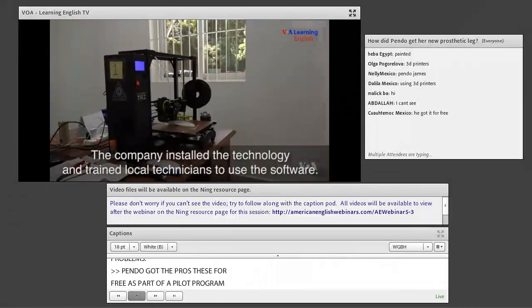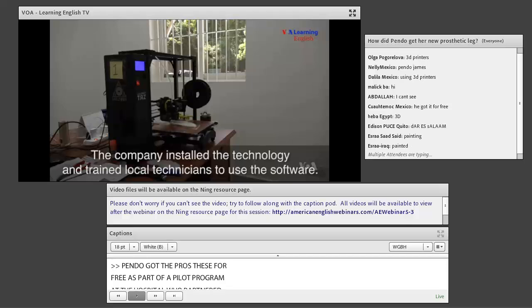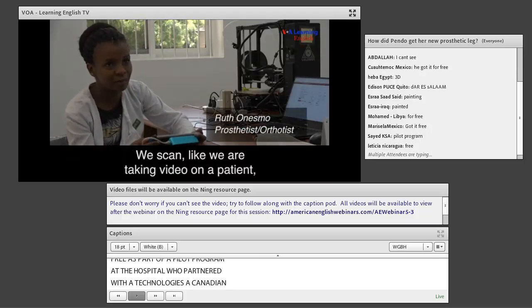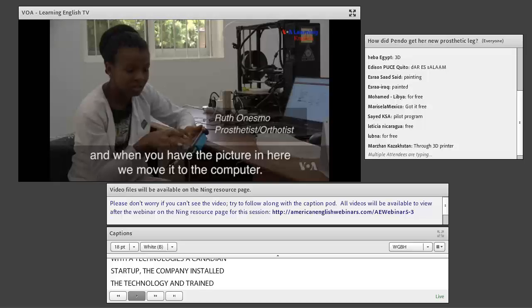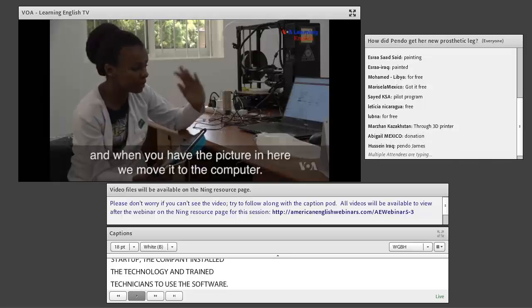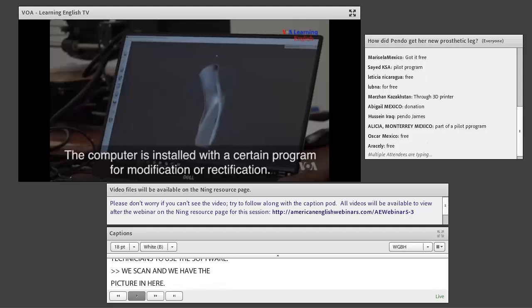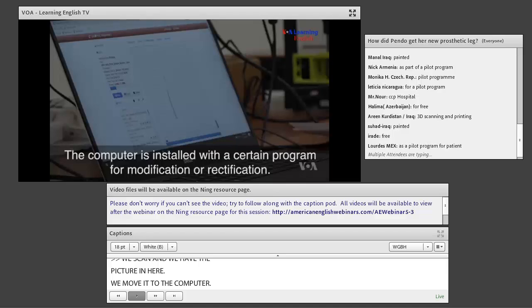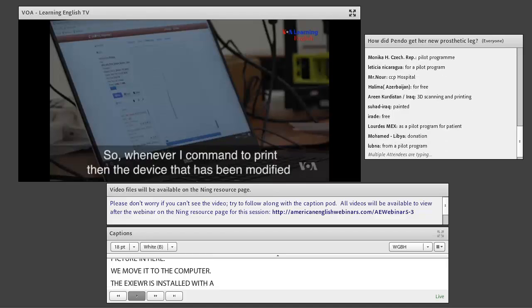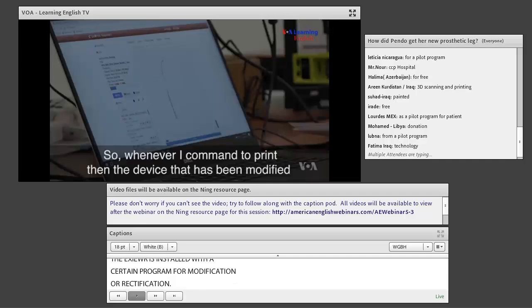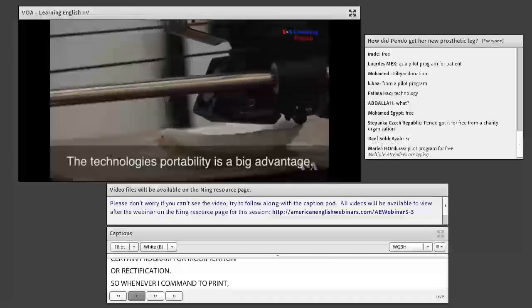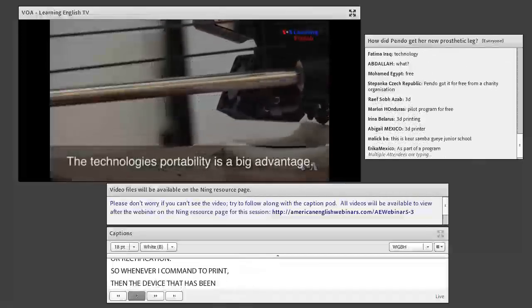The company installed the technology and trained local technicians to use the software. We scan, like we're taking video on a patient, and when you have the picture in here, we move it to the computer. The computer is installed with a certain program for modification or rectification. So whenever I command to print, then the device that has been modified will be printed in the printers. The technology's portability is a big advantage.